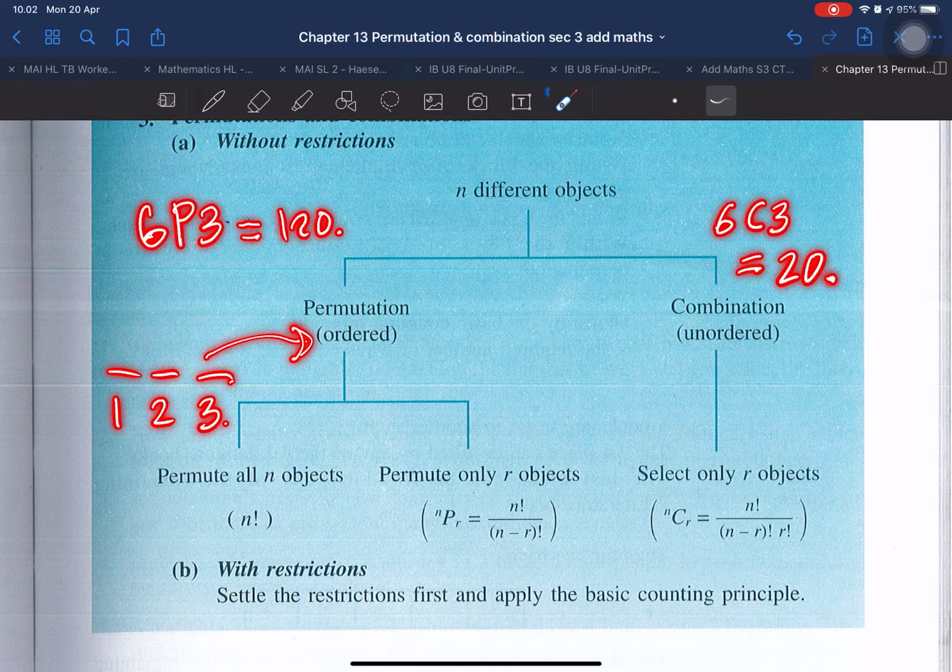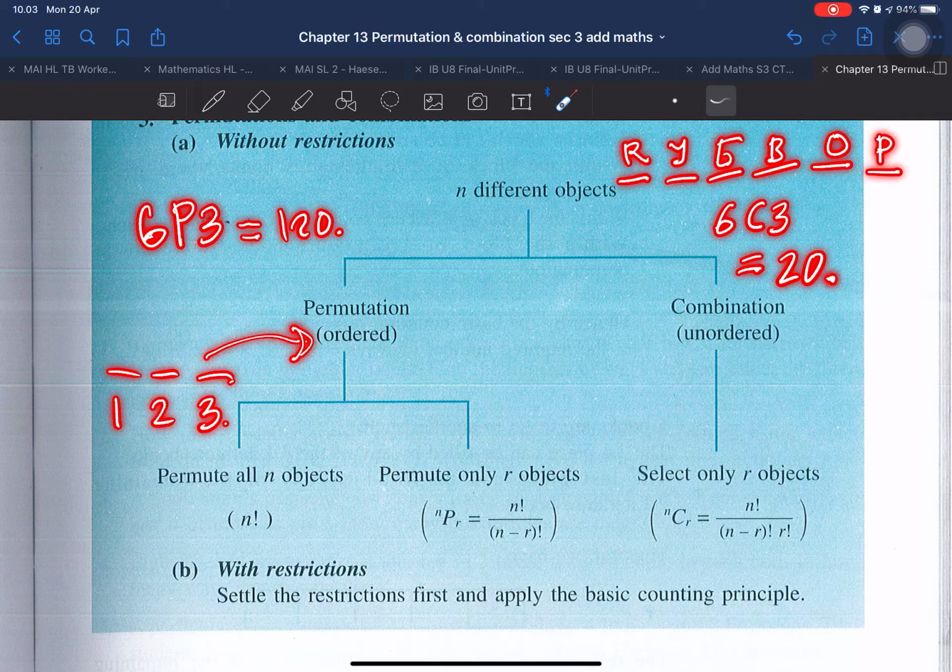Because, let's say there are 6 different items: red, yellow, green, blue, orange, and purple. We want to pick 3 different items.